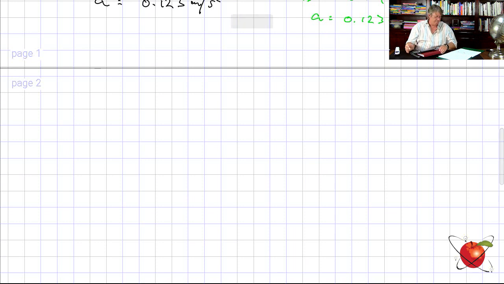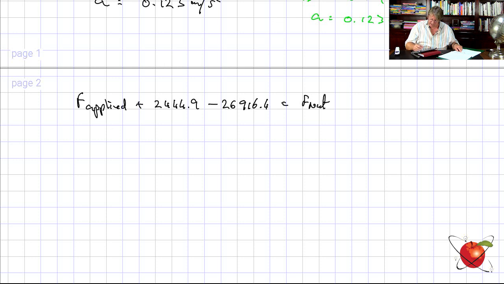I can then say, therefore, F applied plus 2444.9 minus 26916.4 must be equal to F net, because there is a net force. How do we know this? It's got faster. The velocity increased, so there must be an acceleration.